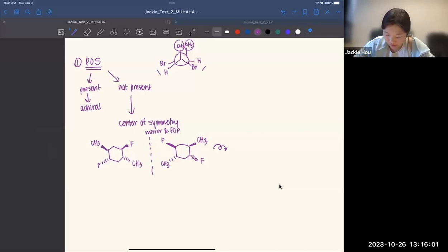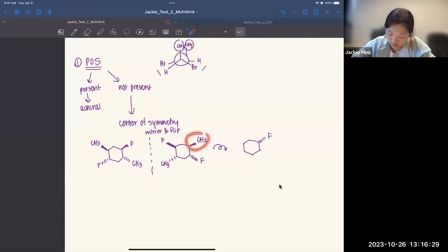So if I were to pancake flip this, everything that was on a wedge becomes a dash, but the parent connectivity might appear to change, okay? That's something you need to pay attention to when you're doing a pancake flip. So for example, my fluorine over here is going to connect over here instead of connecting over here, and then it's going to change into a dash.